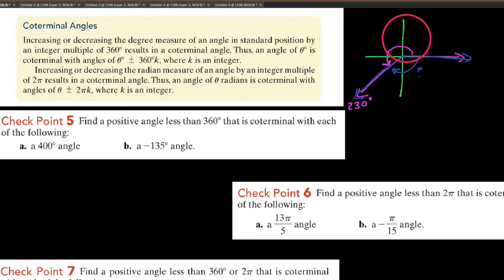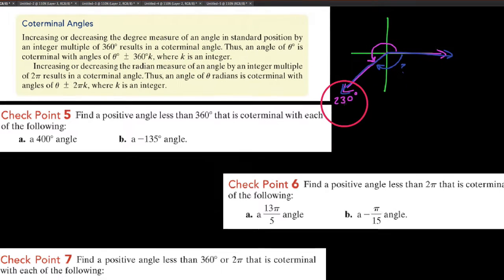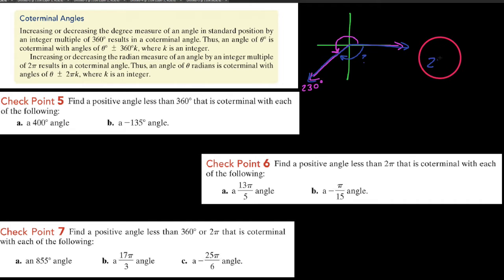One thing we want to recognize about coterminal angles is that increasing or decreasing the measure of an angle in standard position by an integer multiple of 360 degrees results in a coterminal angle. That is to say, if I take my 230 degree angle and subtract off any whole number multiple of 360 or add on any whole number multiple of 360, remember a 360 degree rotation is just all the way around one time.